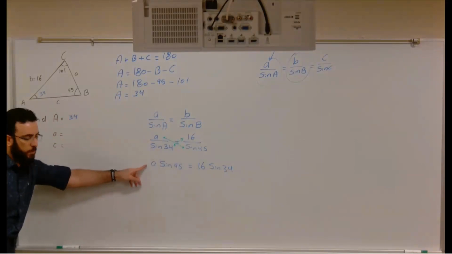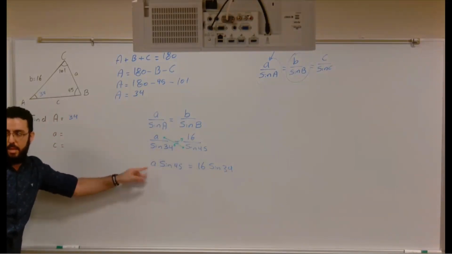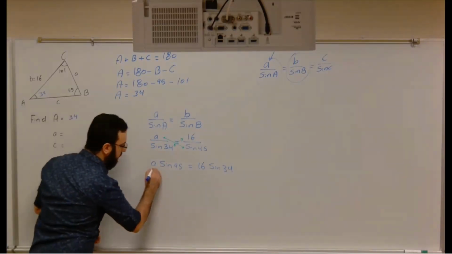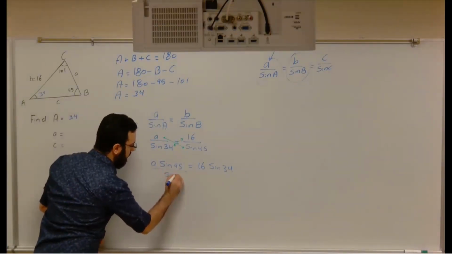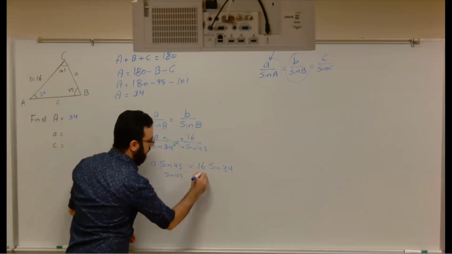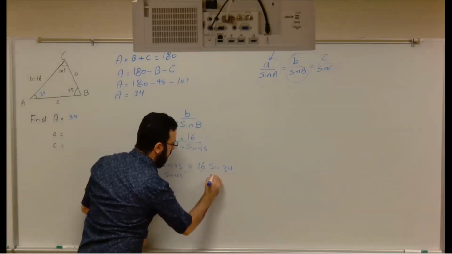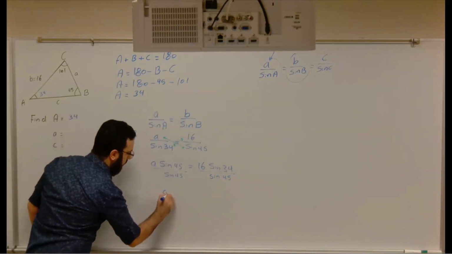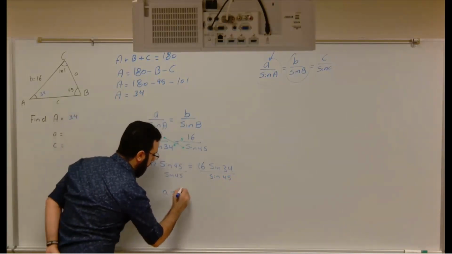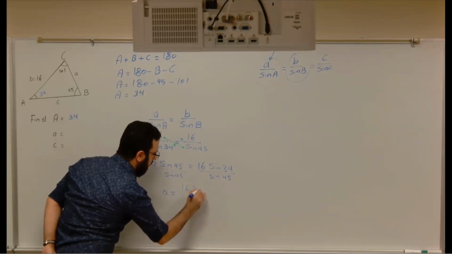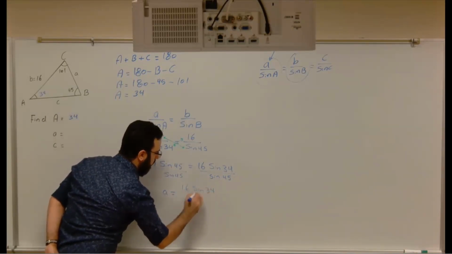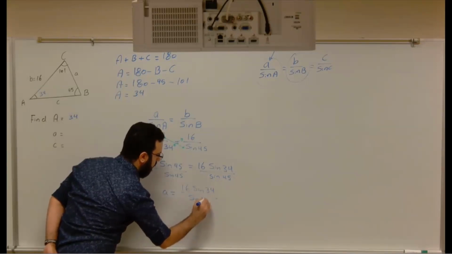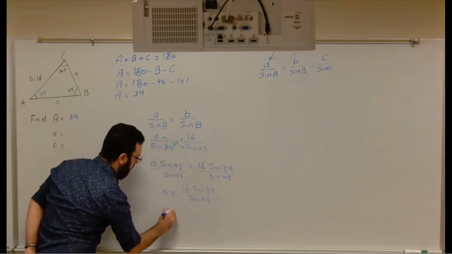Now my goal is to find A. Can I divide both sides by sine 45? That means divide this one by sine 45 and divide this one by sine 45. So A is going to be equal to 16 sine 34 divided by sine 45. Tell me how much A is going to be.